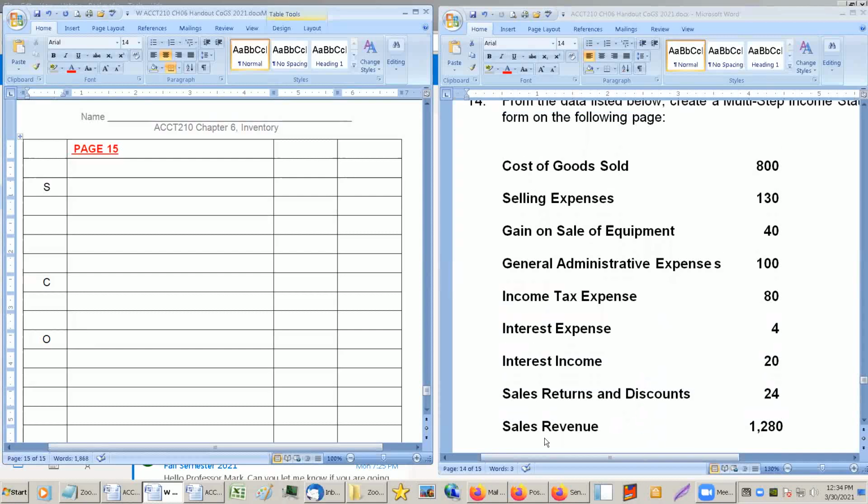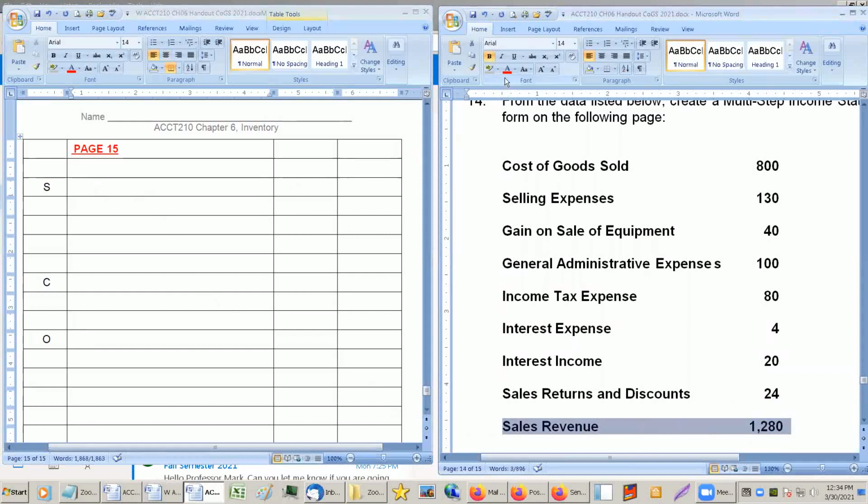All right. So coming over here, we have sales or revenue, 1280. These are what we sold. This is what people return to us, or whatever the business is, so we subtract those out.